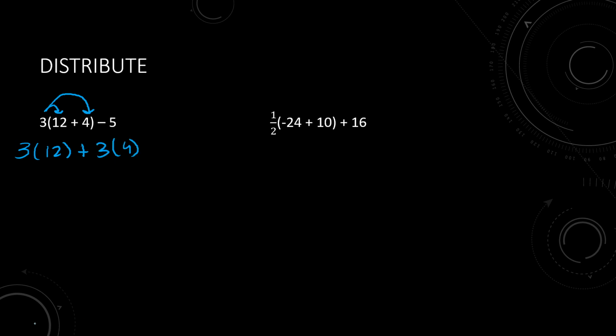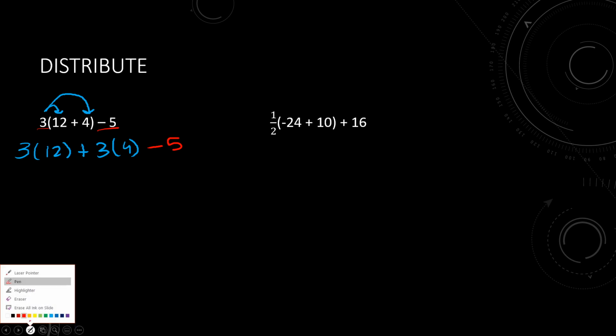Now, if I look here at this -5 on the end, is this -5 inside my parentheses? No, right? -5 is not inside my parentheses, which means that you do not multiply it by that 3. The -5 just comes down here on the end. You are only multiplying by this 3 to everything that is inside of your parentheses.